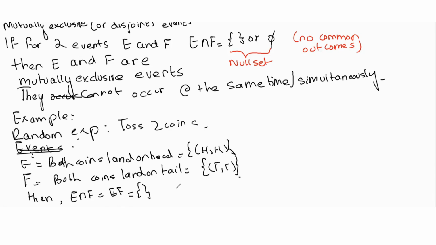So E and F are mutually exclusive events. They cannot occur at the same time. It cannot be the case that both coins land on heads and both coins land on tails. When you toss two coins, either both land on head, both land on tail, or they land on something else, like one lands on head and another lands on tail.